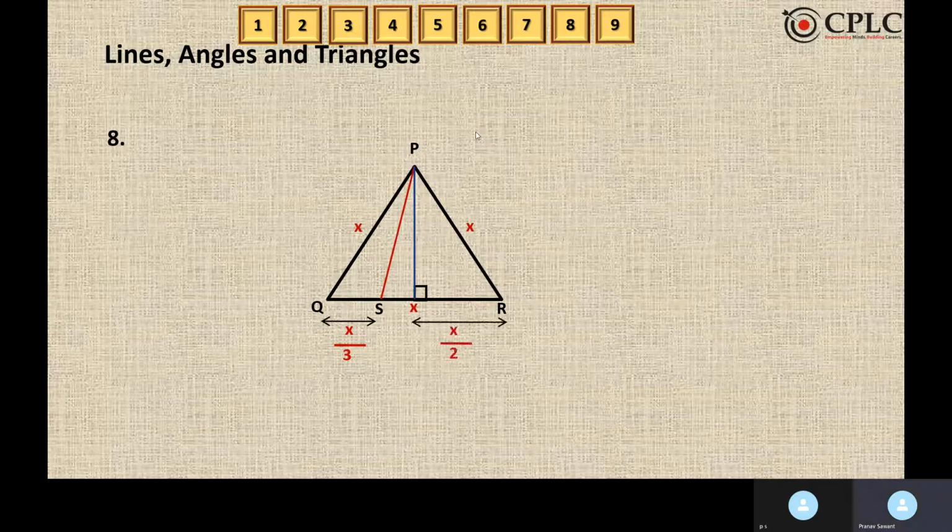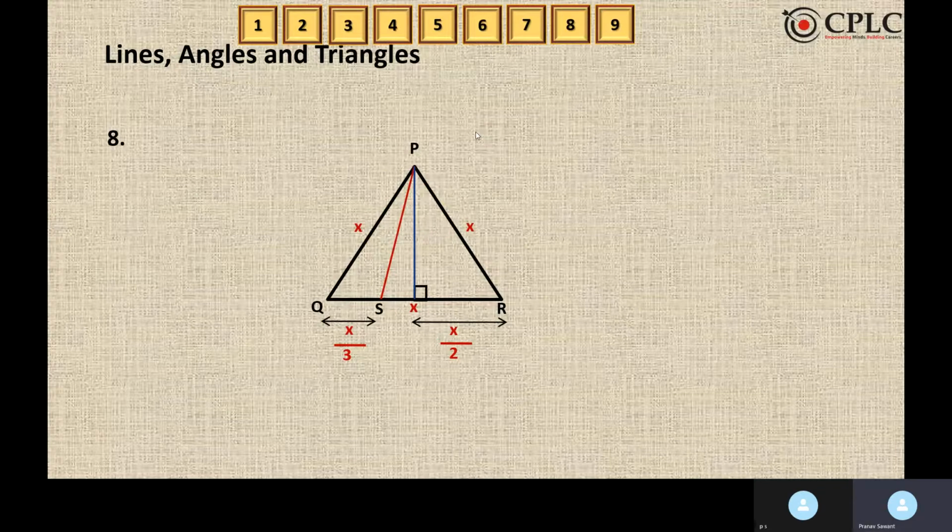Now, PX is also the height. The blue line is the height. Now, in the case of an equilateral triangle, height, median, all the lines are the same. Hence, XR is x by 2 because PX is a median, the blue line is a median, and it divides the side into two equal parts.